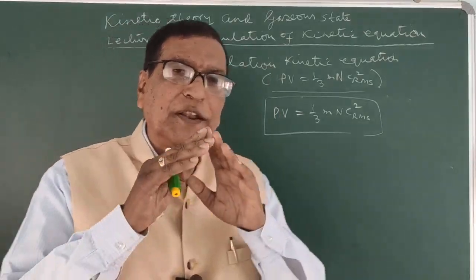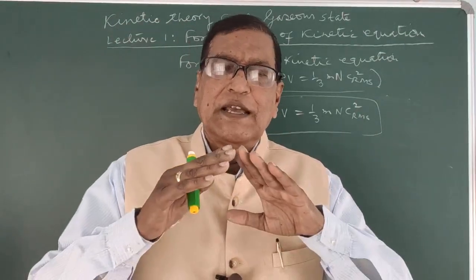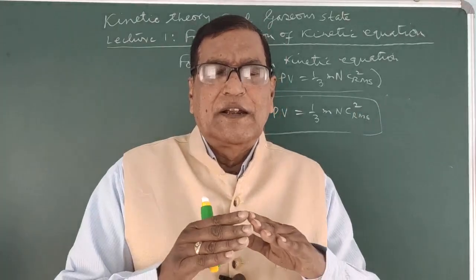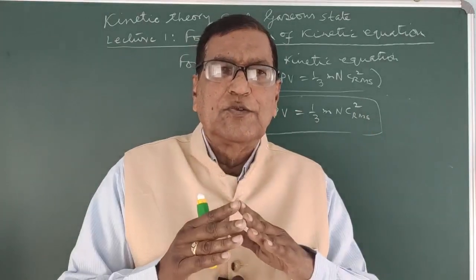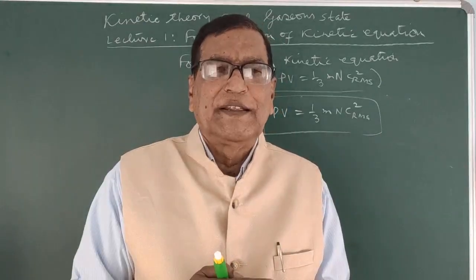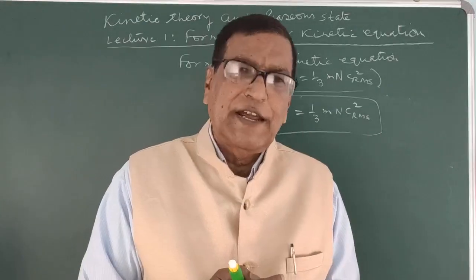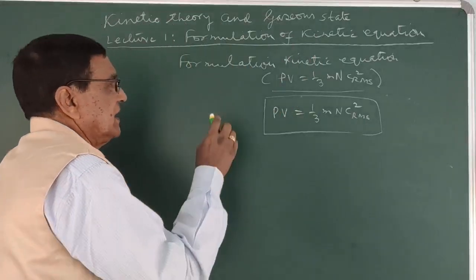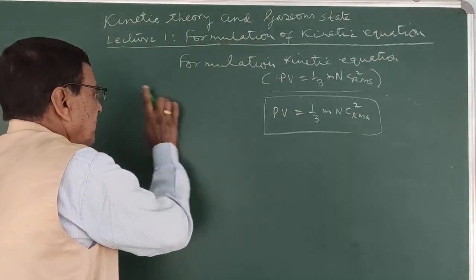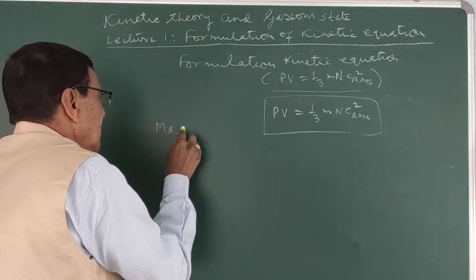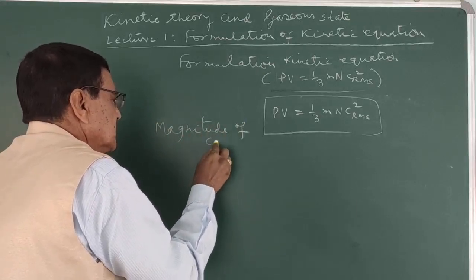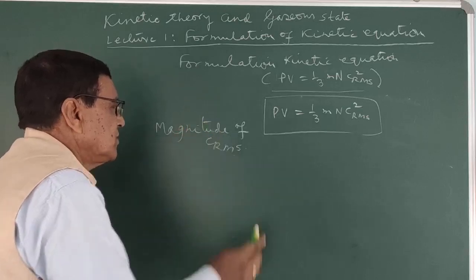So theory will give you much data which is predictable, which is not possible to determine experimentally. Theory is much more superior than the experimental facts. So here, suppose calculation of the magnitude of CRMS.